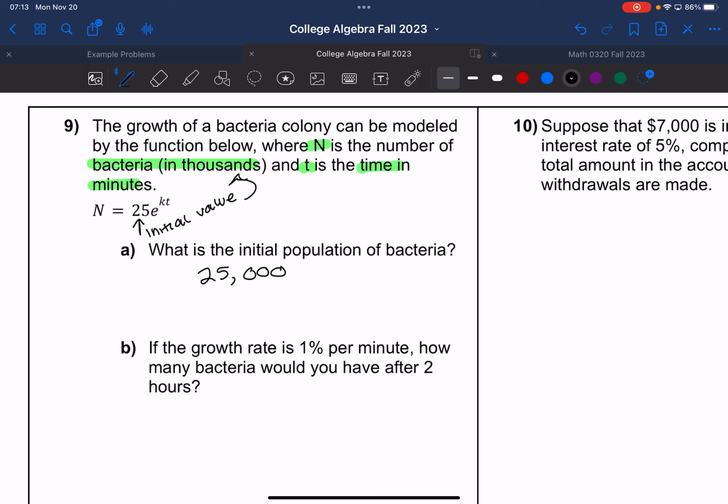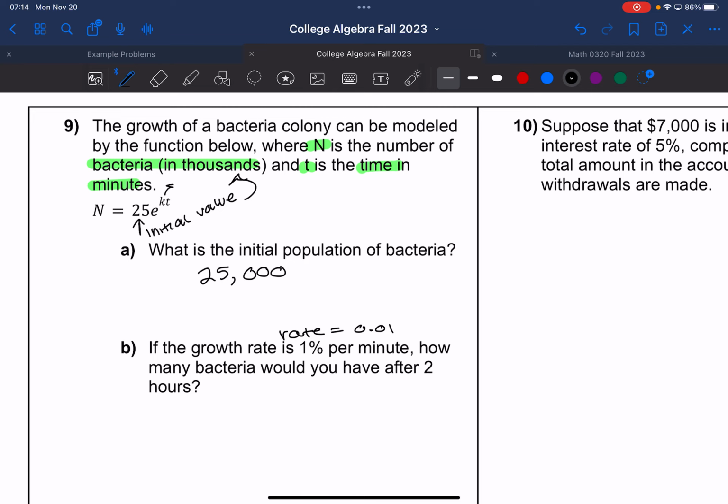Next one says, if the growth rate is 1% per minute. First, before we continue, 1% would be turned into what decimal for our rate? Yep, 0.01. How much bacteria would you have after 2 hours? In this case, our rate is that value k, because they didn't identify k in the problem.